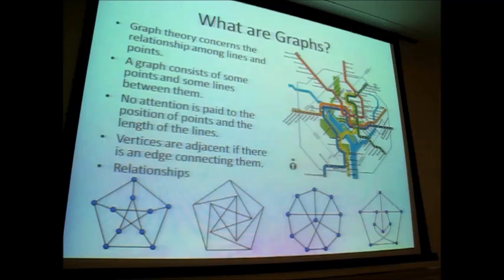So I guess the question is, what are graphs? Essentially they're points and lines, and you're not really concerned with the geometric distance. The classic example is your subway maps. I think all the Neo guys use the London Tube, but since we're here in DC, I'd use the Metro.